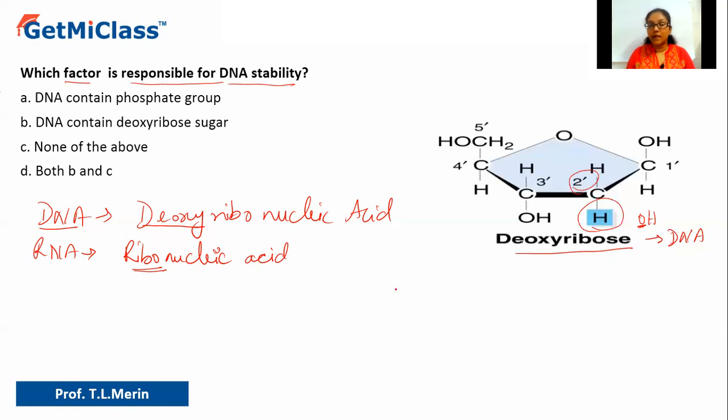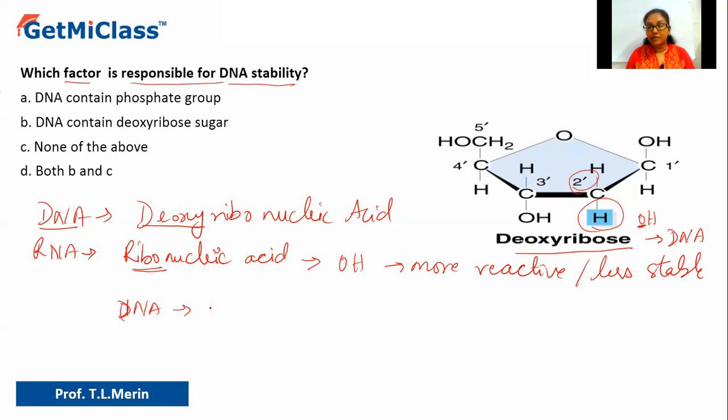And because of the presence of OH group at the 2' carbon, RNA becomes more reactive. RNA is more reactive and less stable. Whereas DNA, as I told you, because at the 2' carbon it lacks the oxygen, only hydrogen is present.